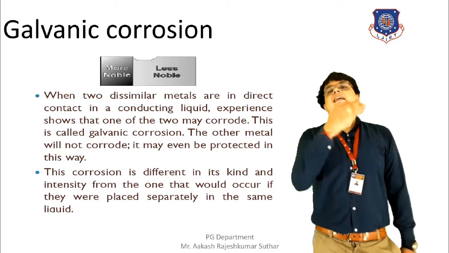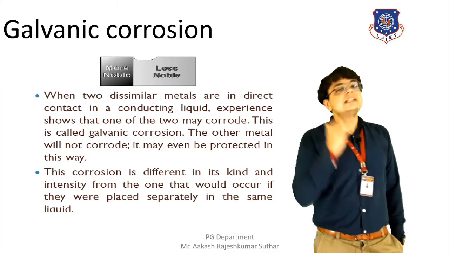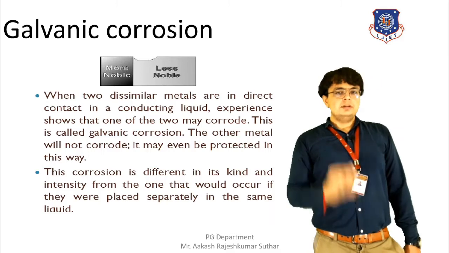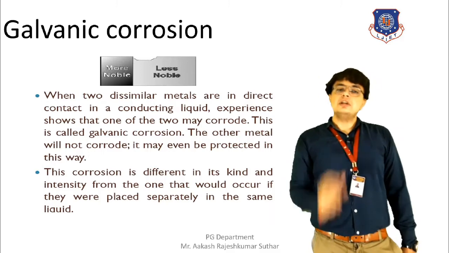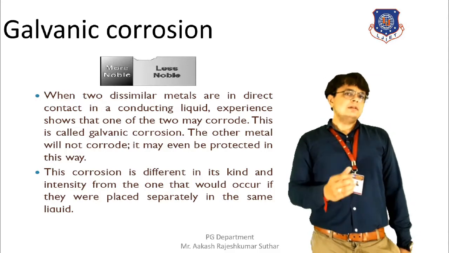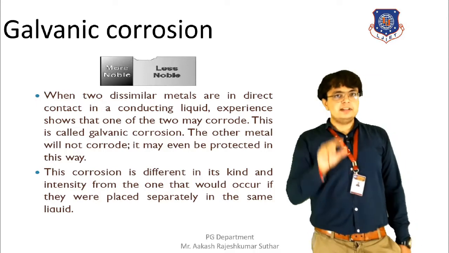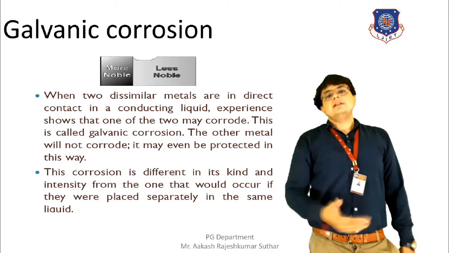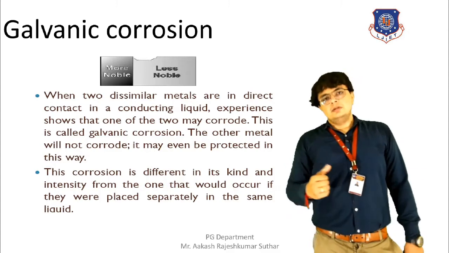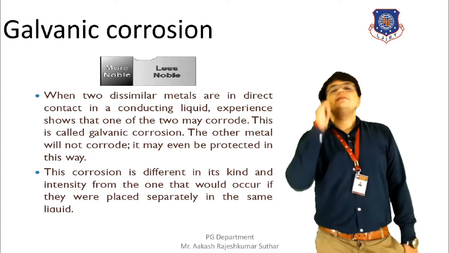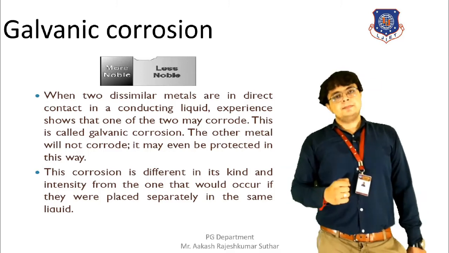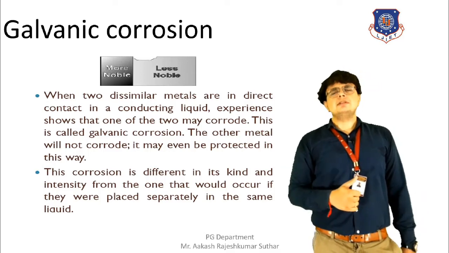By increasing the area of the anode in comparison to the cathode, we can reduce the intensity of the corrosion, because surface area does matter. So by increasing the surface area of the anode, we can reduce the intensity of the corrosion, and by this the galvanic corrosion can be prevented. This is how galvanic corrosion occurs.